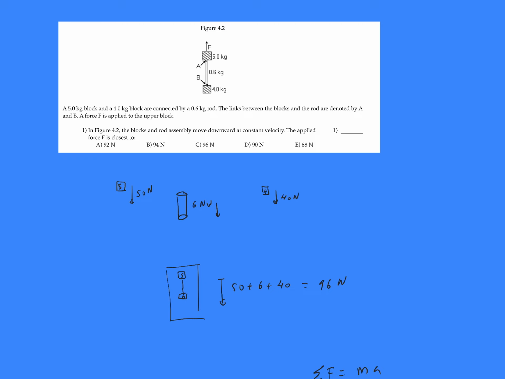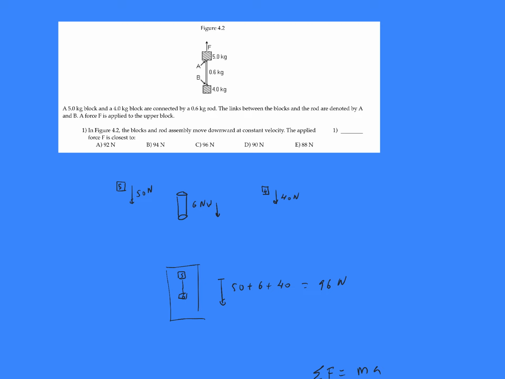The question says, in figure 4.2, the system moves downwards at constant velocity. Then the force applied, we have to find the force F that you need to apply in order for the whole system of 3 objects to move downwards with constant velocity.